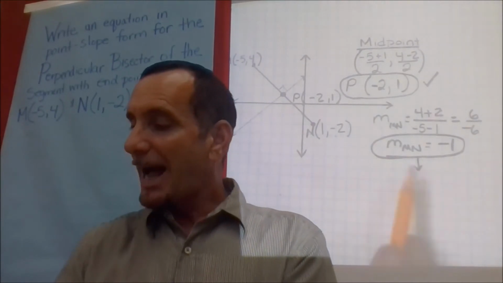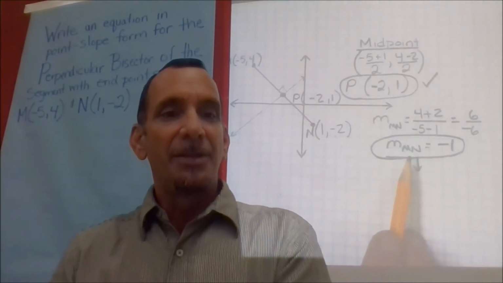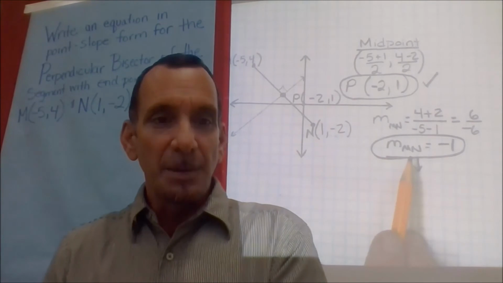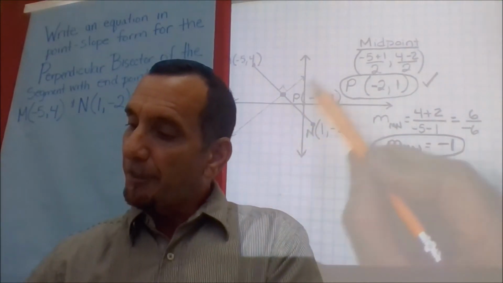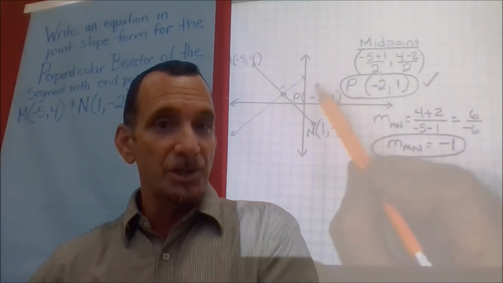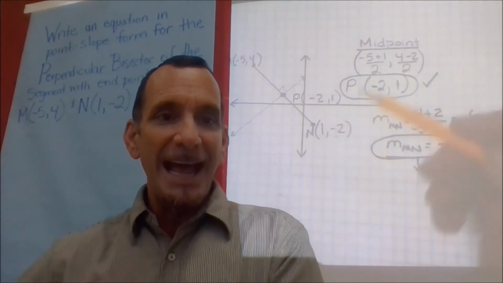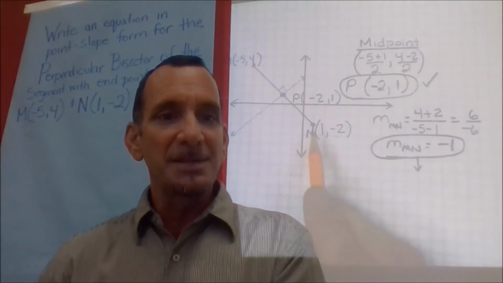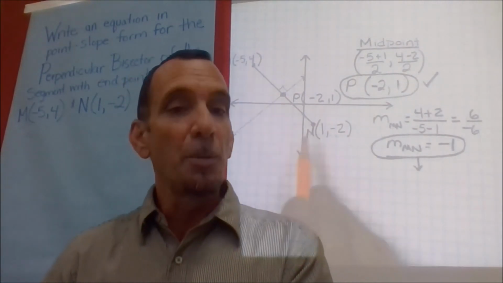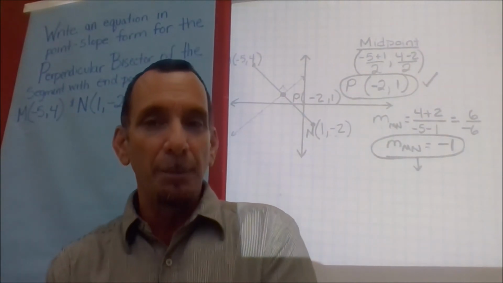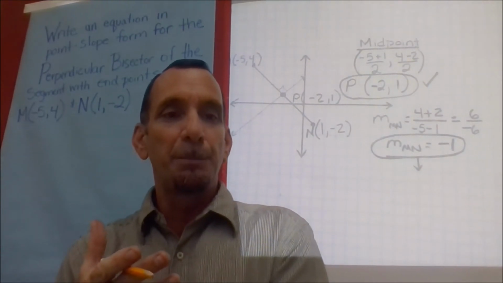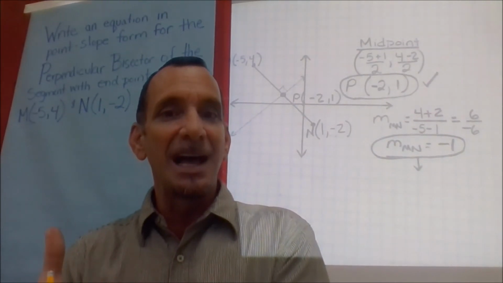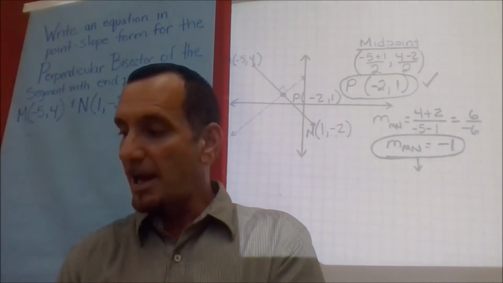Now, I have to find the opposite reciprocal of the slope of MN, because the perpendicular line for which I want to write the equation has to be a slope that is perpendicular to the slope of MN. Do you remember from last semester how to find the slope of a line that is perpendicular to another line?